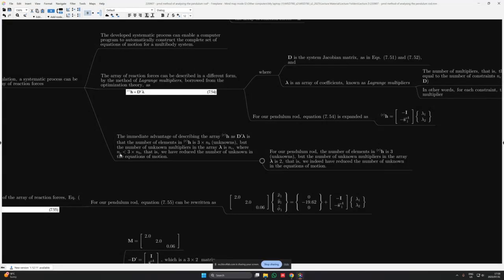You can't really have a case where the number of constraints is greater than the degrees of freedom of your system. In that case, you essentially have an over-constrained system, so your mechanism will not operate. It will either be completely stationary, or it won't exhibit the motion that you expect.